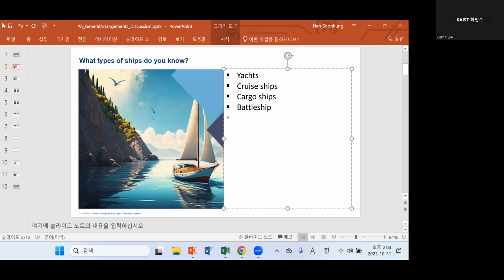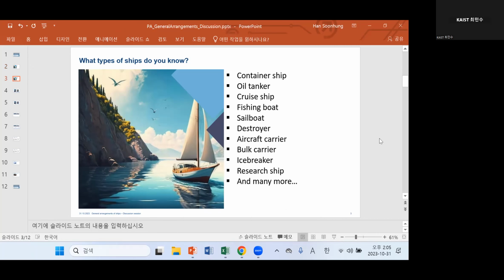Research ship. Very good, yeah. I guess there are many more. I have a few prepared. For example, fishing boat, sailboat, also different types of military ships as well. So basically, there are a lot of different types of ships.